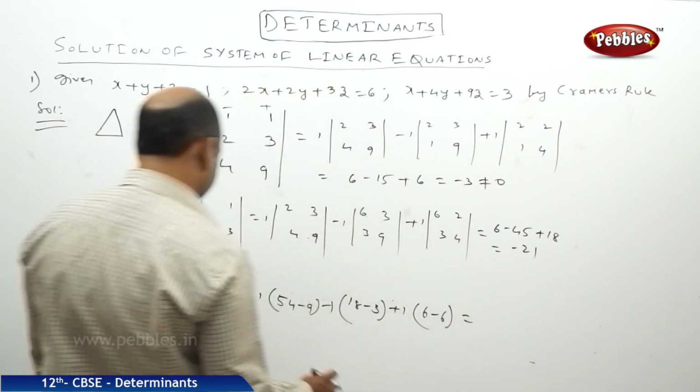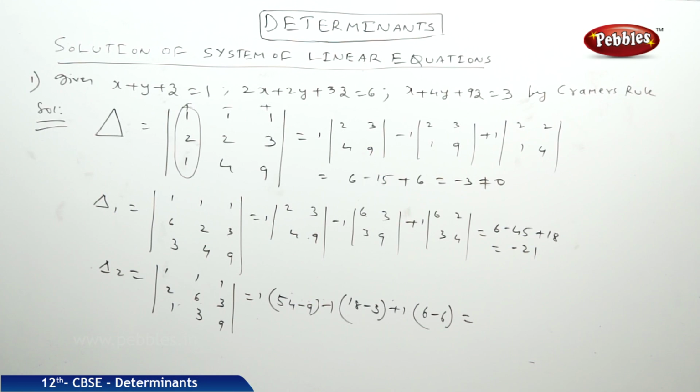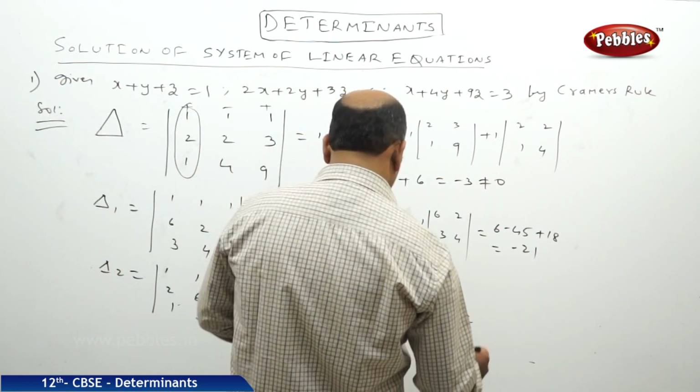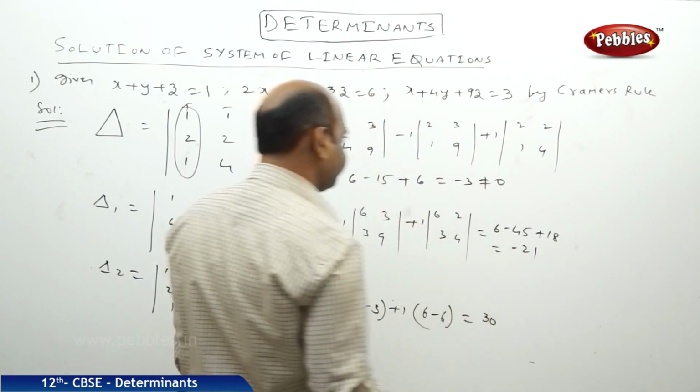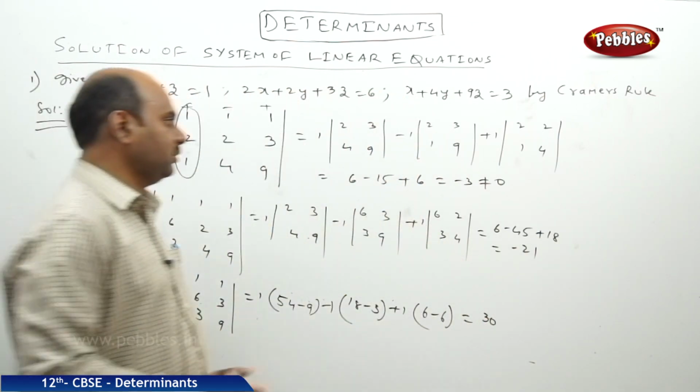So 54 minus 9 is 45, and 45 minus 15 is 30.